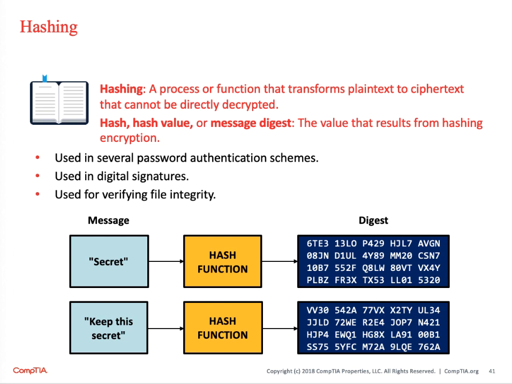Hashing. Hashing is a process or function that transforms plain text into ciphertext that cannot be directly decrypted. We have something called a hash value, or a message digest. That is the resulting value from hashing a message or data.